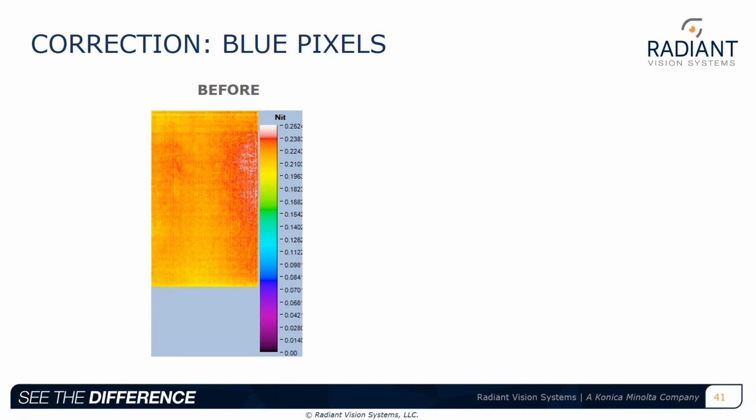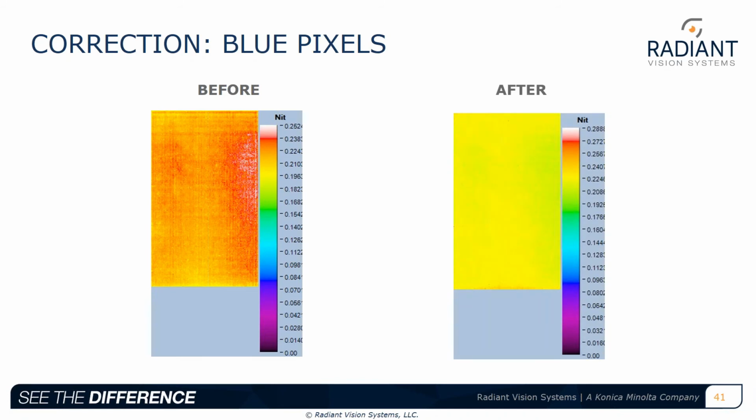Again, a different distribution for the blue pixels. Potentially a left to right gradient is stronger here. And we can see similar improvements to the uniformity in this example.